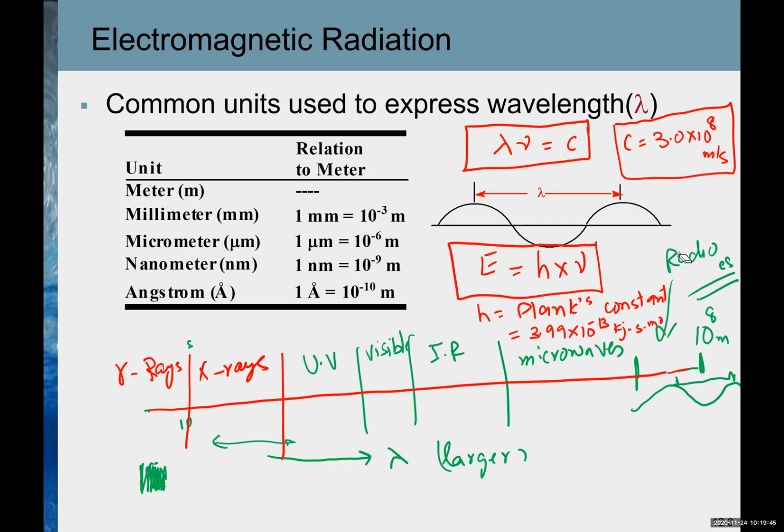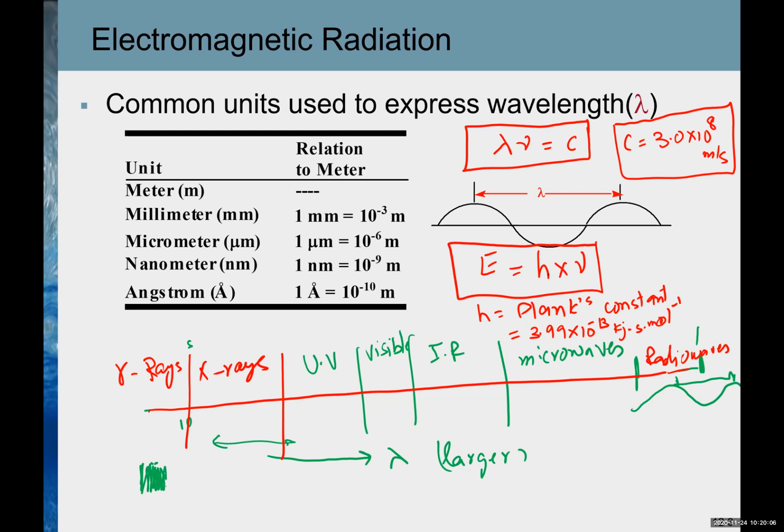Okay, I have to erase some of it. So it's radio waves here. Okay. In your problem, the value of Planck's constant will be given to you. You don't have to memorize the value. Okay.